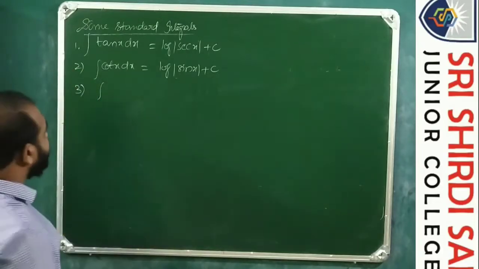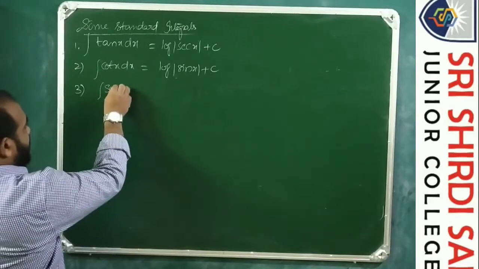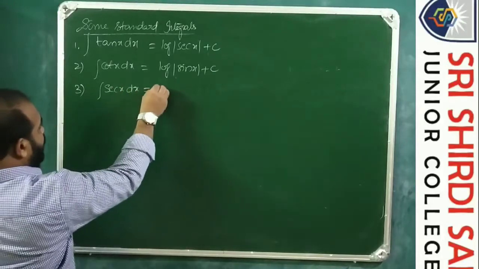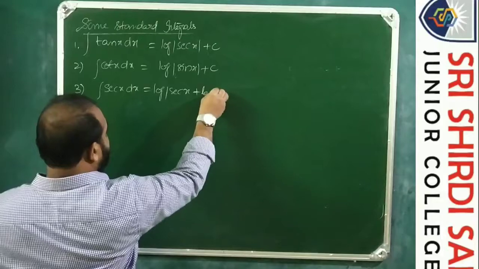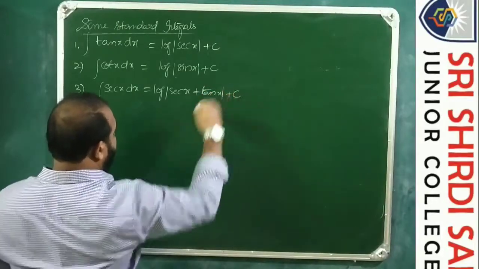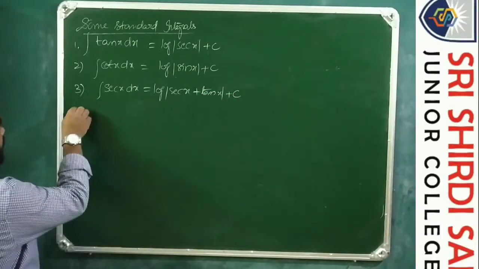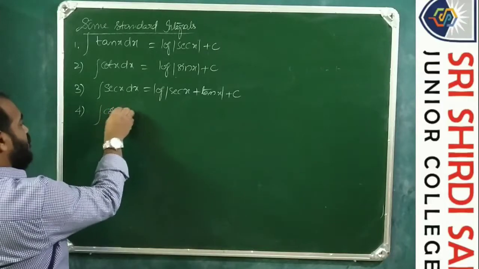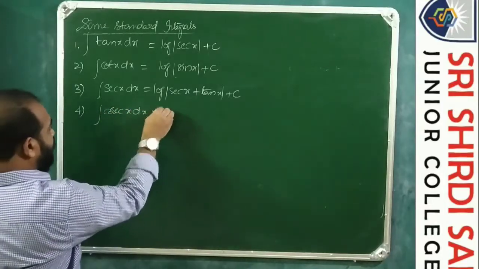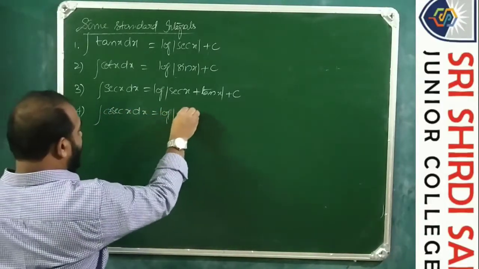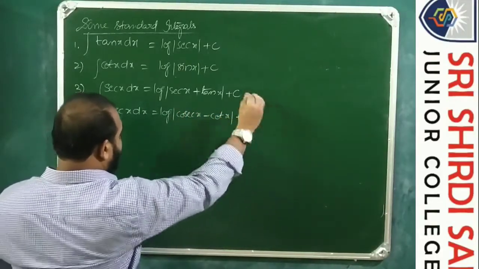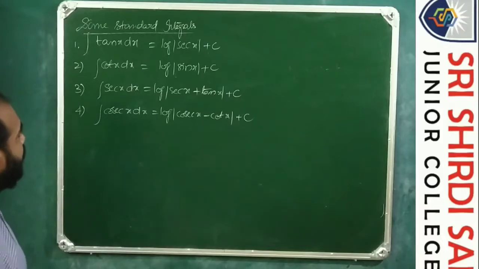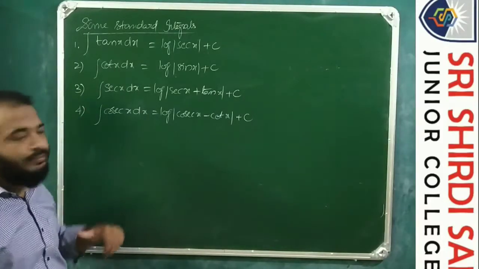Integral secant x dx is equal to log mod secant x plus tan x plus constant of integration c. Integral cosecant x dx is equal to log modulus of cosecant x minus cot x plus constant of integration c. So let us prove them.